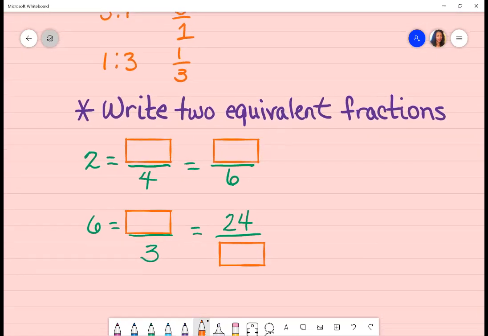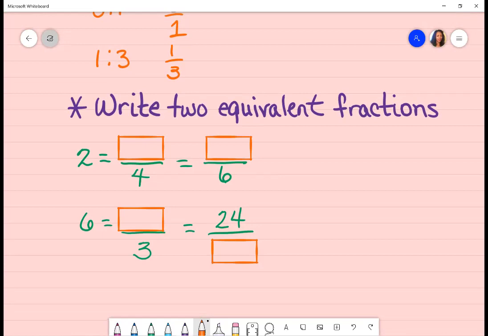And then this is my last portion that I want to discuss. And that is if you are asked to write 2 equivalent fractions and you are given this information. Well, this is a whole number that you're trying to make equivalent fractions from. Well, remember, all real numbers are fractions. So this 2 would actually become 2 over 1, if I'm using this method. You don't have to. 2 times 4 is what? 8.